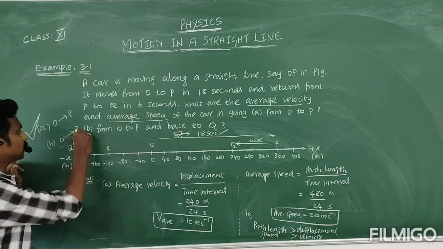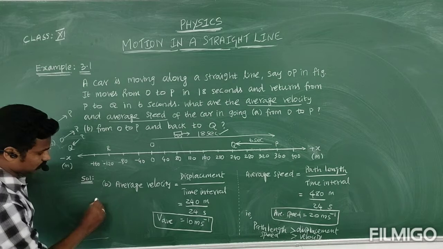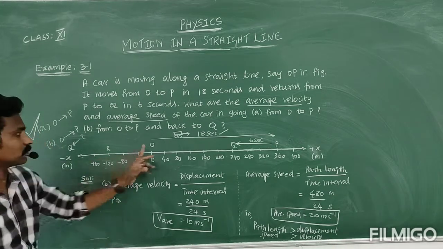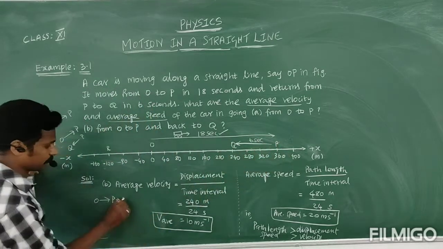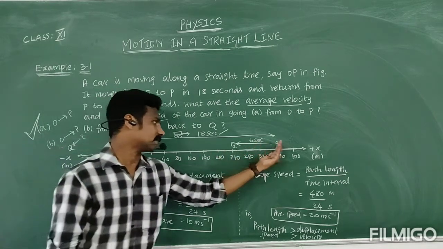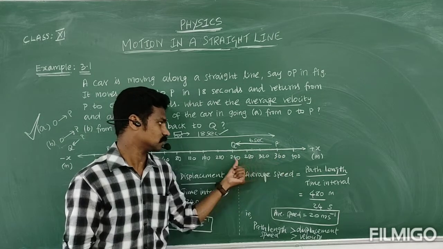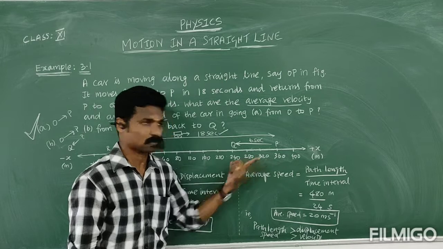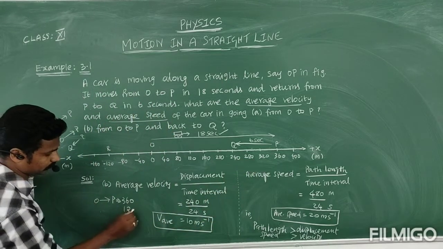First O to P, then return back from P to Q. O to P distance is 360 meters. Then it goes back, so 360 minus 240 in the opposite direction is 120 meters.